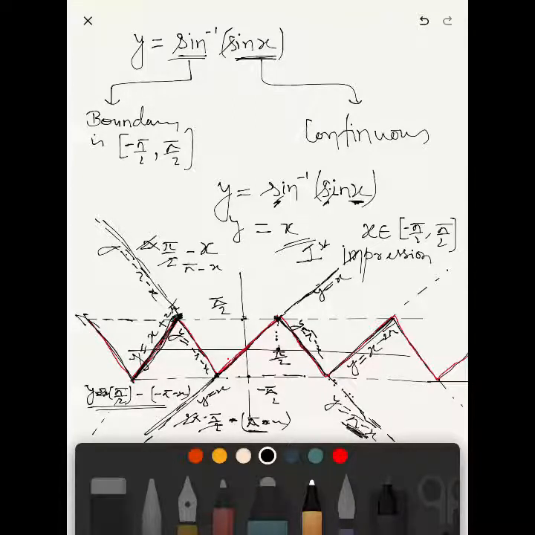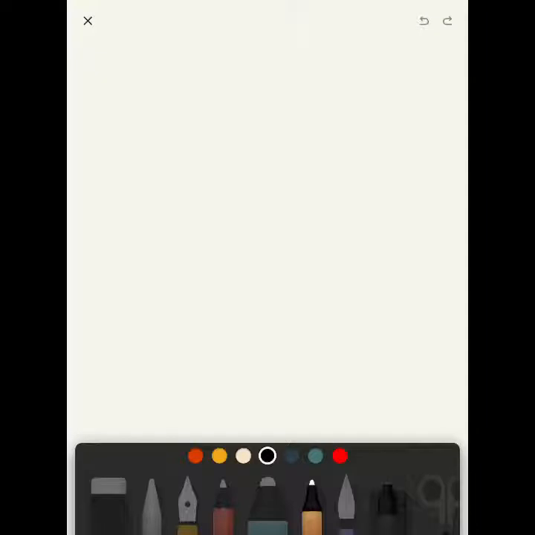Now let us see what is tan inverse of tan x, how the graph of tan inverse tan x looks like, okay. Let me take it into the first page. Now I am going to show you y equals tan inverse of tan x, okay.